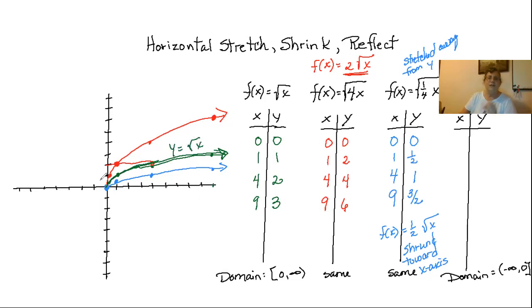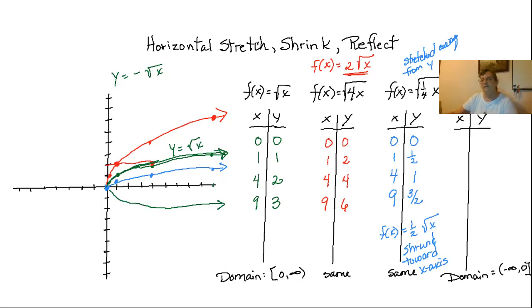The square root of a negative x, y equals the negative square root of x. Let me change that. Y equals the negative square root of x would be down here, reflected across the x-axis.